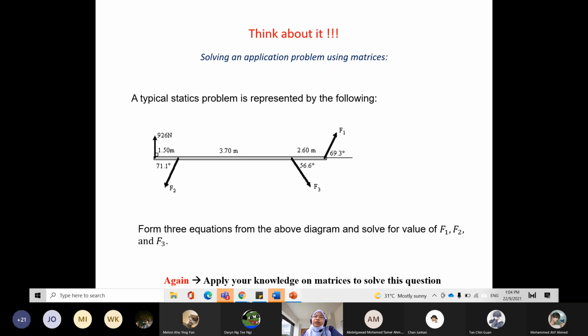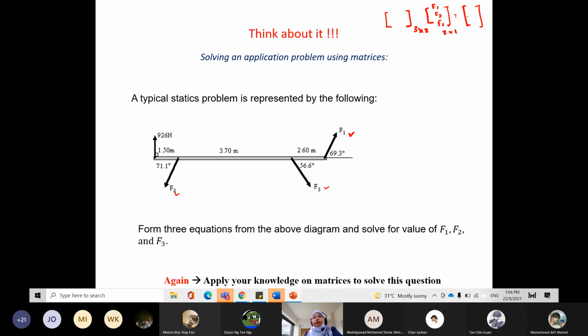We know that in a matrix, if you have three unknowns, for example here you have F1, F2 and F3, you have to form a 3 by 3 matrix, multiplied by F1, F2 and F3, which is 3 by 1.